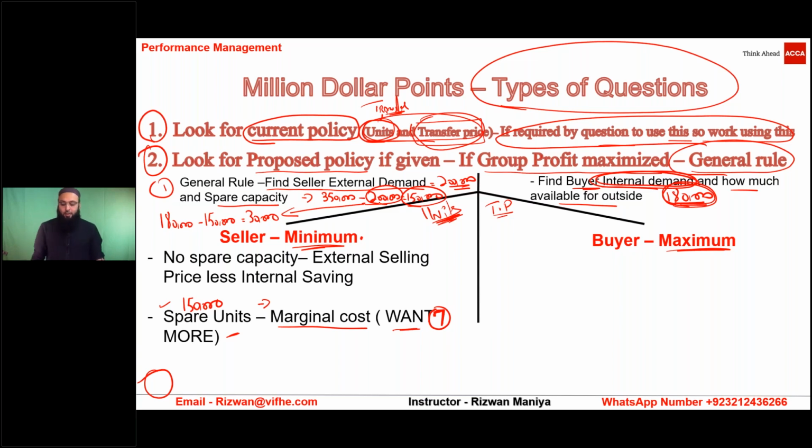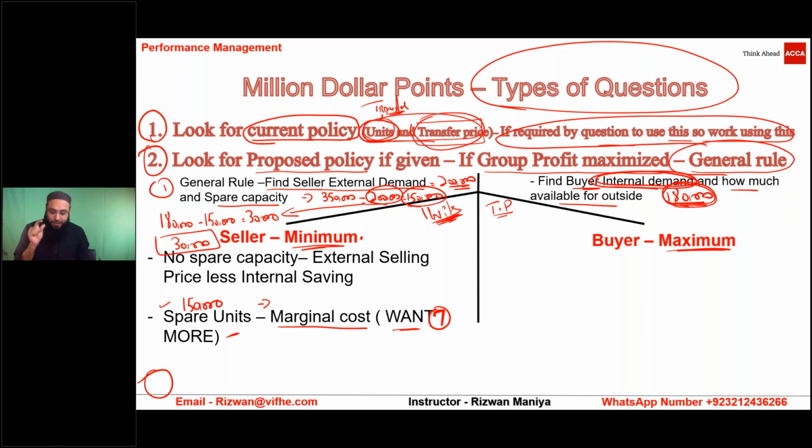So you will transfer, then 30,000 are non-spare. So no spare capacity is available for the 30,000 that you need to fulfill, and you don't have any other option, you have to transfer from the external market. Agreed? Okay.